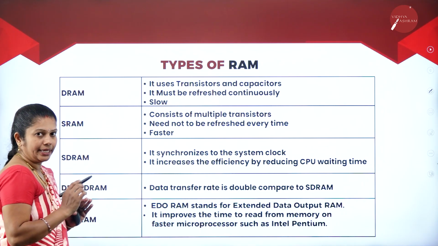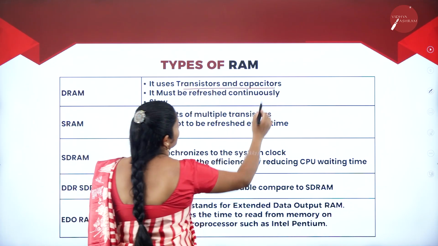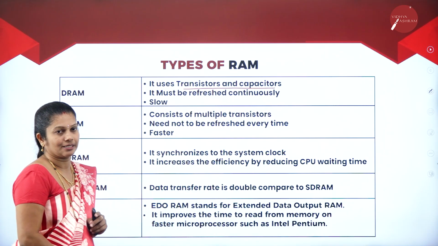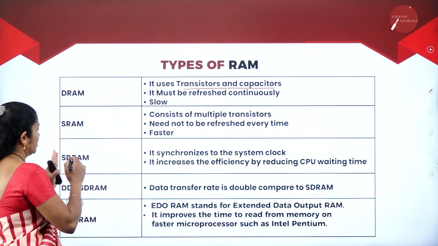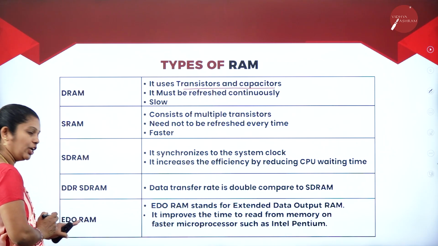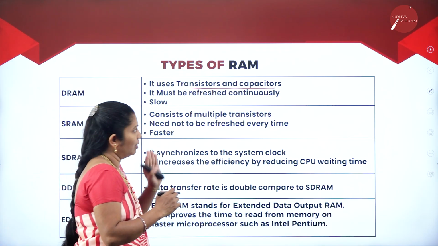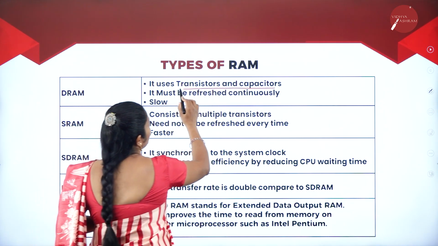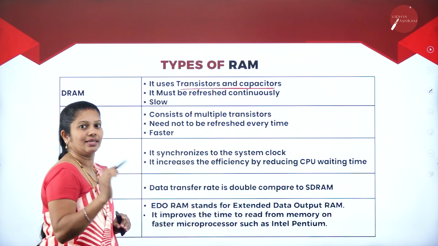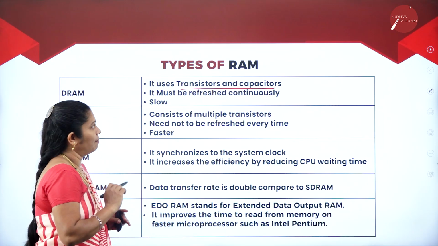When we come to DRAM, it consists of transistors and capacitors. Dynamic, static, synchronous, double data rate synchronous dynamic random access memory, EDORAM. Then dynamic random access memory. Already I told you it consists of a transistor as well as a capacitor.